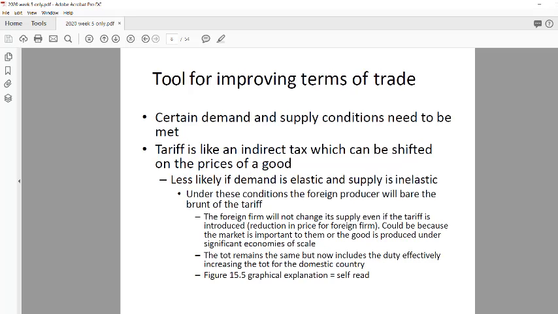So let's move on to the idea of tools of trade. We're trying to say, okay, we can impose some protectionism, and there's some way you can actually impose protectionism if demand and supply are of a certain form or at certain conditions.